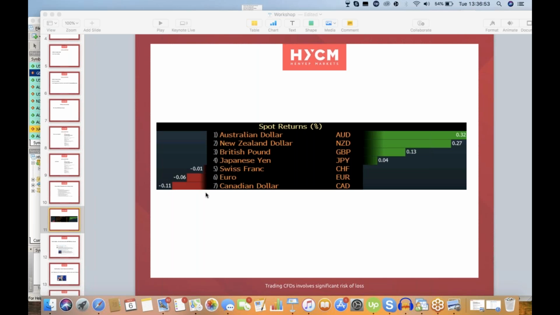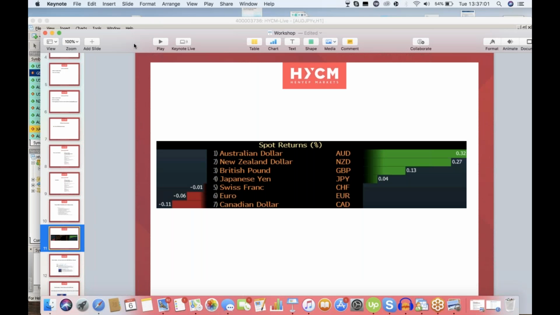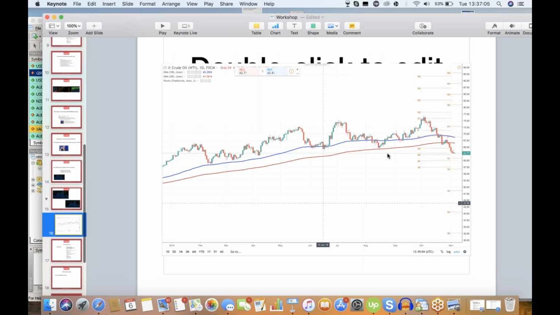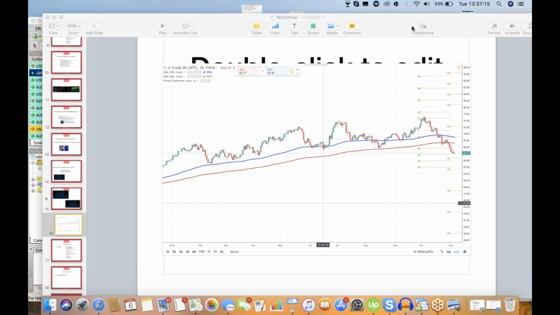And the Canadian dollar was sold quite a lot. Why was that? That was because of the oil prices. There's a big correlation between the price of crude oil and the US dollar Canadian dollar pair. So US crude prices at the moment, I think I've got my oil crude prices up here.